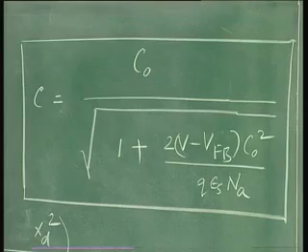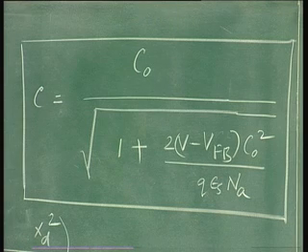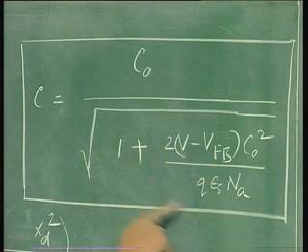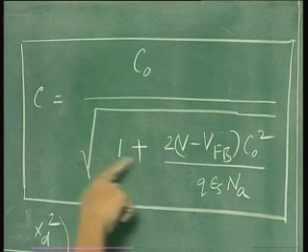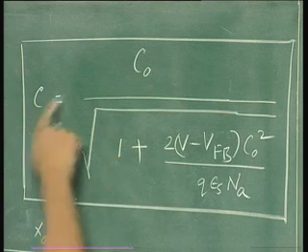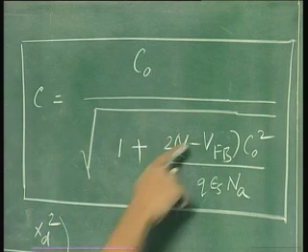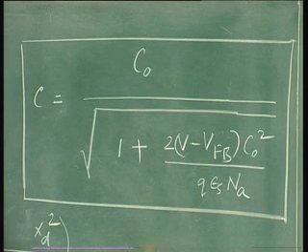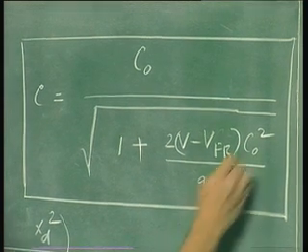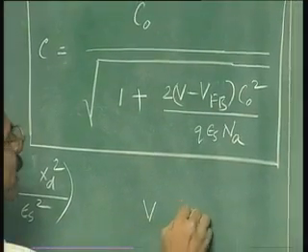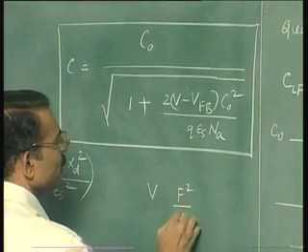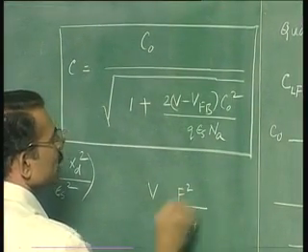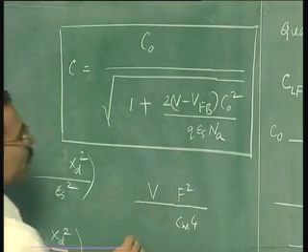We must also check dimensionally. Let us make a dimensional check of this formula. This term should not have any dimension because you are adding 1 to it, so left hand side and right hand side will have the same dimensions. V minus VFB is volts, C naught square is farad square by centimeter power 4, because C naught is farad per centimeter square.